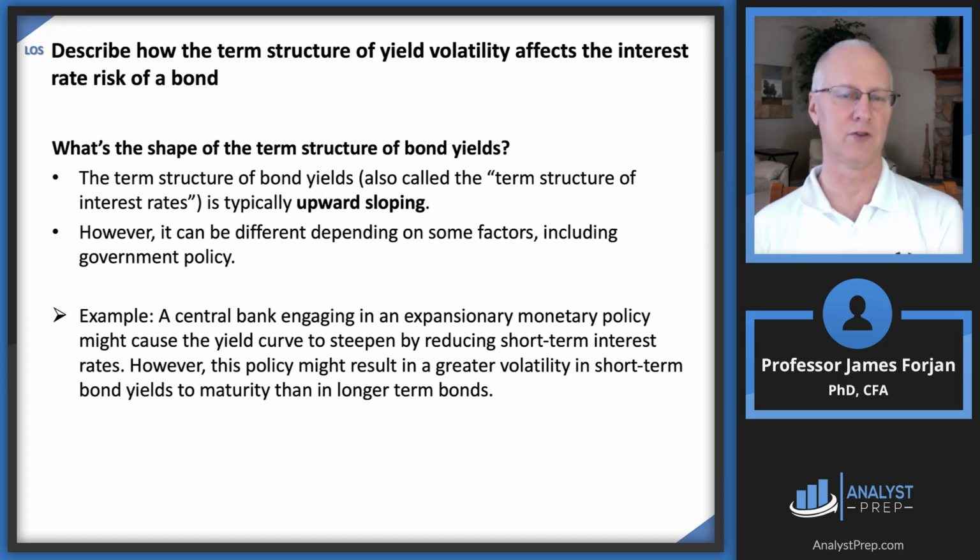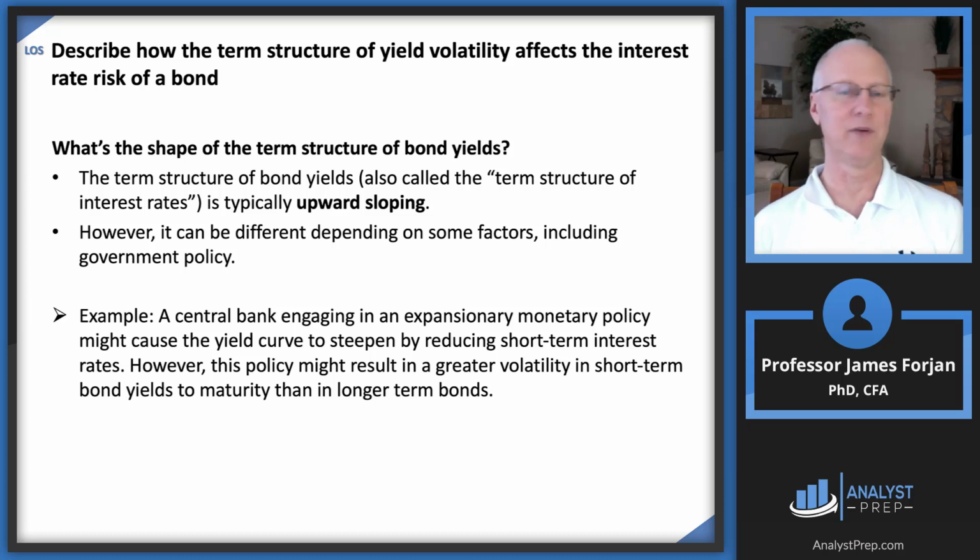They expect interest rates to rise. They expect corporations to invest in positive net present value projects, and they expect those projects to pay off in lots and lots of cash flows in the future, and that's going to put some upward pressure on interest rates because everyone's chasing after those positive net present value projects.